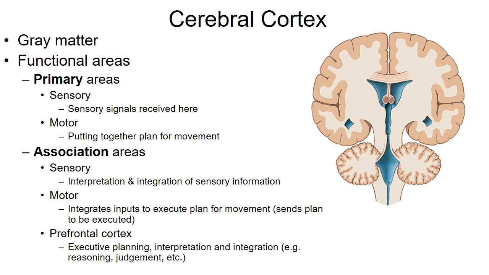Now, what about the motor equivalent? So, like I said, the primary area for motor is putting together a plan for movement. The actual setting that plan out is going to be up to the motor association area. So it's integrating all this other information, right?